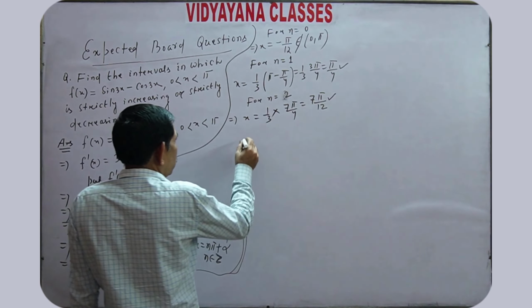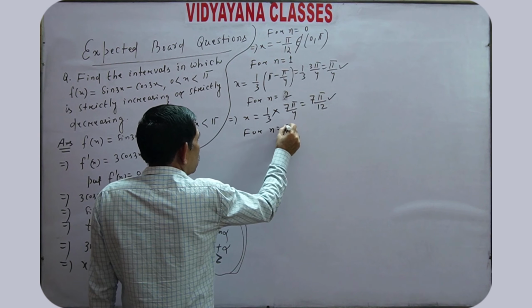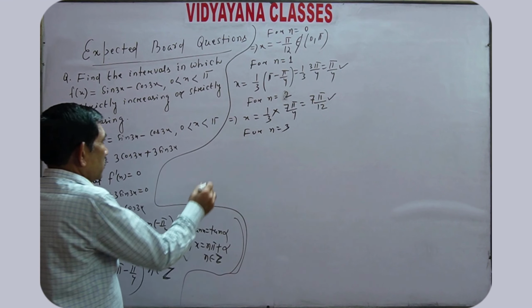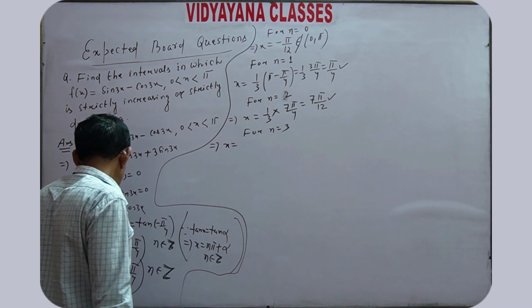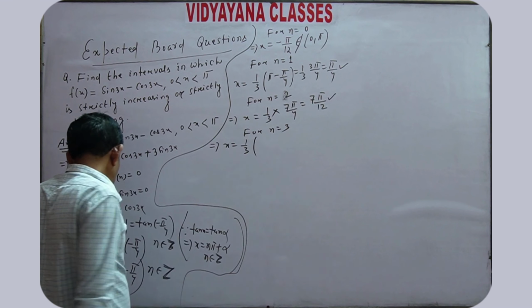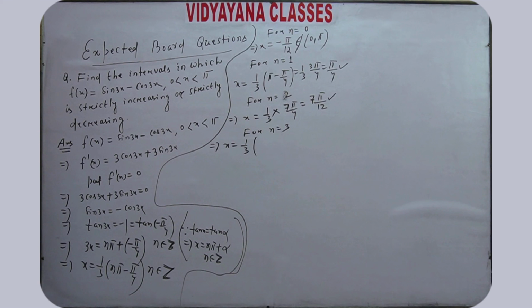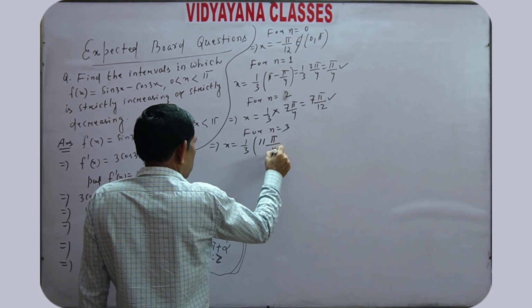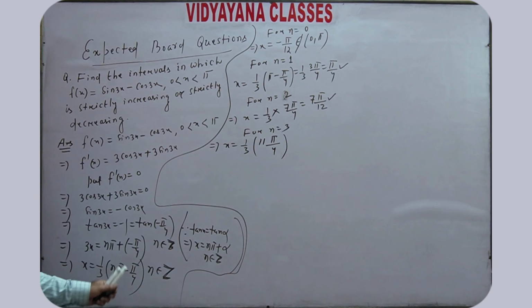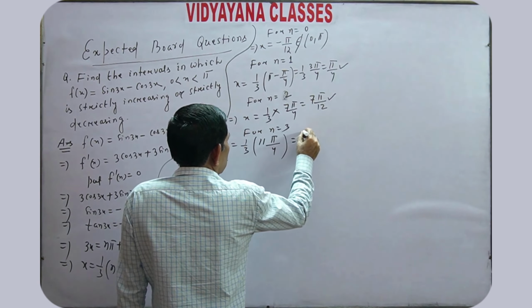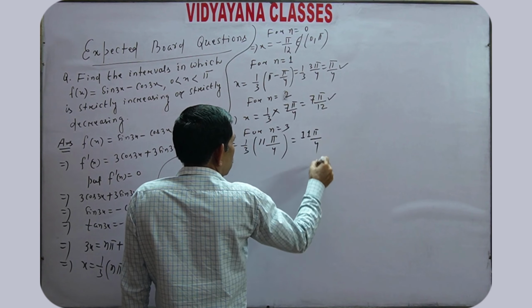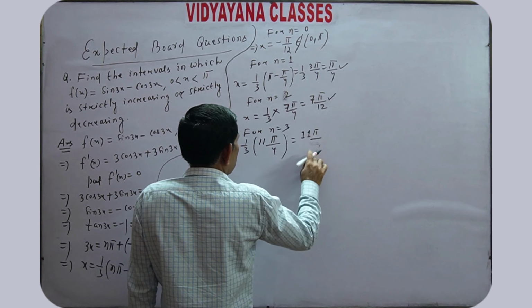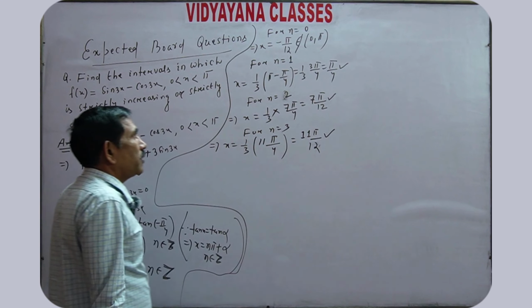For n is equal to 3, x is equal to 1 by 3 of 3 pi minus pi by 4, that is 11 pi by 4 divided by 3, which is equal to 11 pi by 12. It belongs to 0 to pi. It is also true.